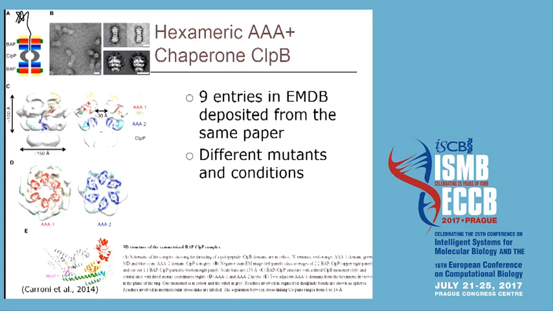In this paper by Carroni et al., they solved the structure of the hexameric AAA+ chaperone, ClpB. This is ClpB here. This is one subunit, and it makes a hexamer. They solved this EM map with the ClpB hexamer together with the protease called ClpP.